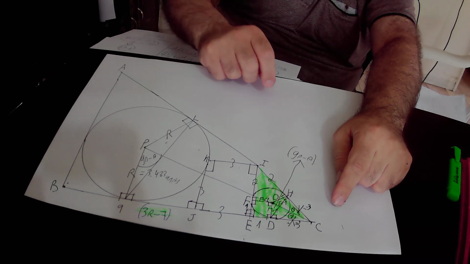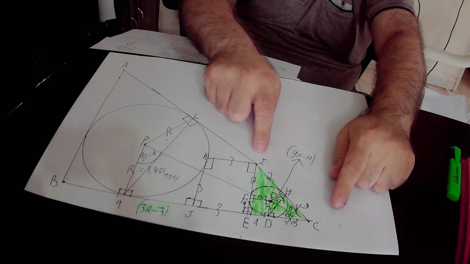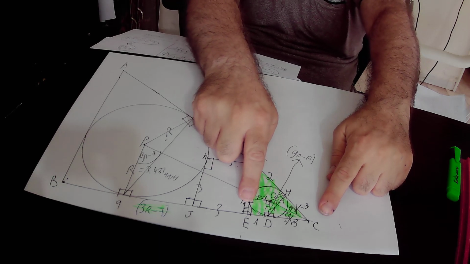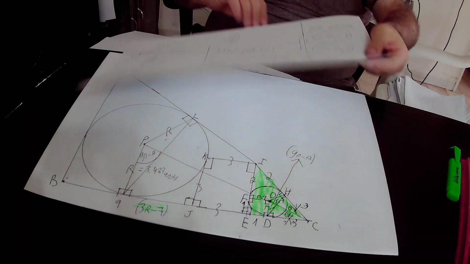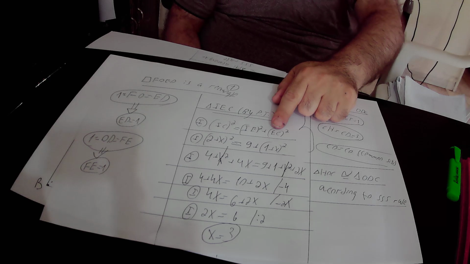Therefore, IC squared equals (2 plus X) squared, and it is equal to IE squared, where IE equals 3, so IE squared is 3 squared, that is 9, plus EC squared. EC equals 1 plus X, therefore EC squared equals (1 plus X) squared. So in total, we found that (2 plus X) squared equals 9 plus (1 plus X) squared, equation number 1.